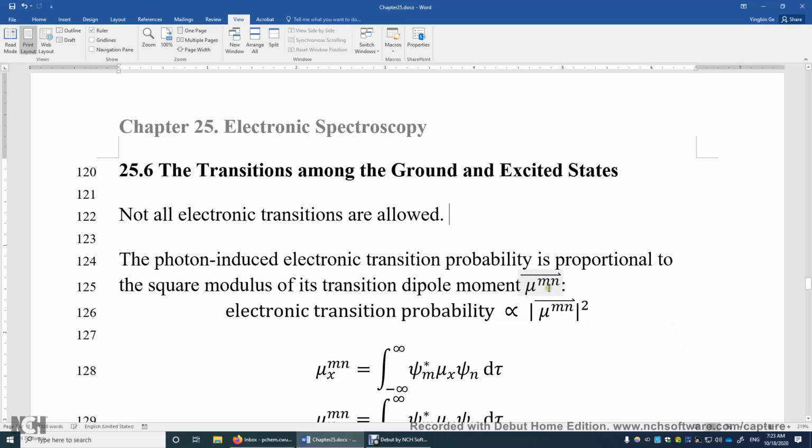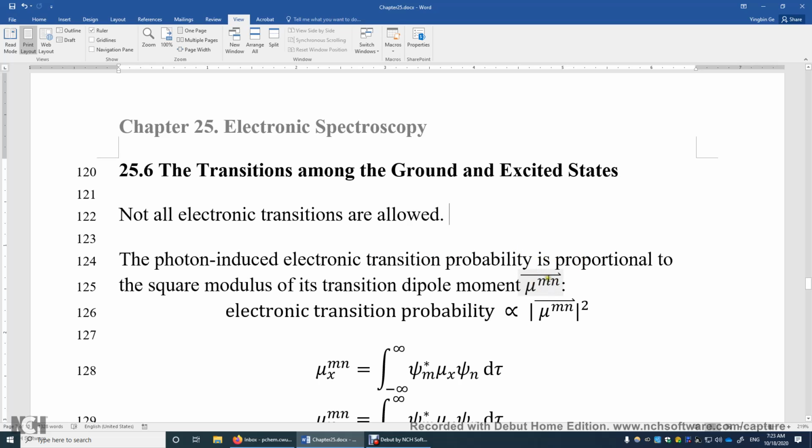So this transition dipole moment is a vector. Mu denotes dipole moment. M and n are the initial and final electronic states. So now you can tell if this vector has a length of 0, then the transition is forbidden because its transition probability is proportional to 0.